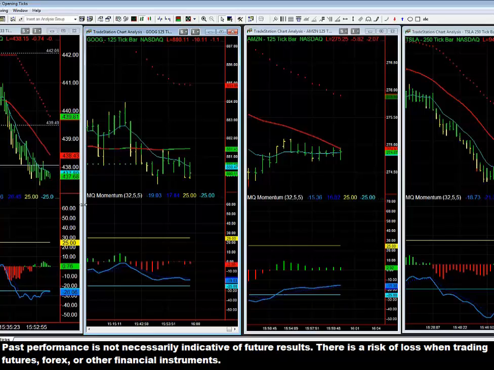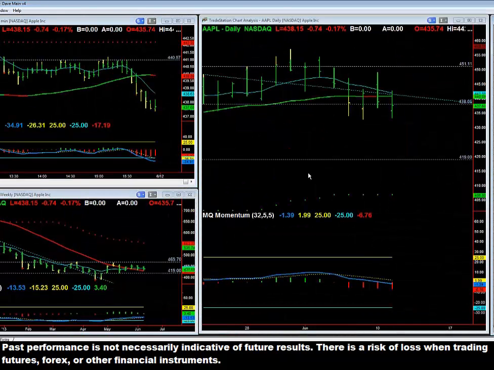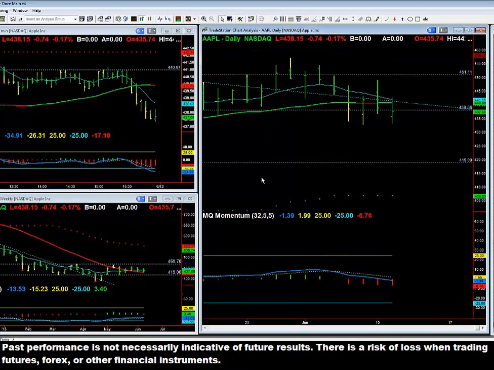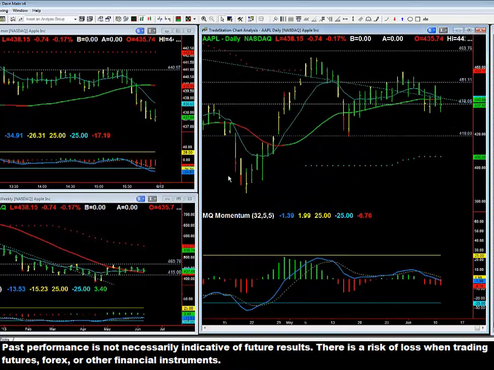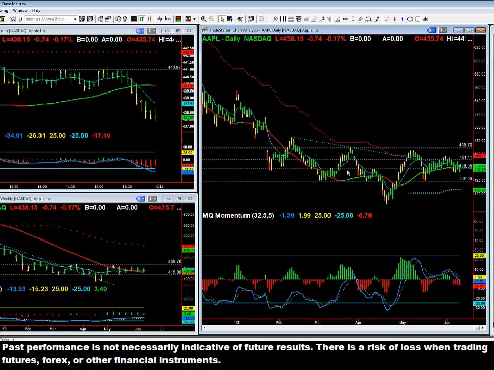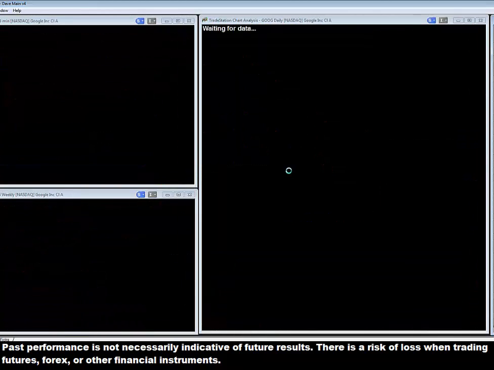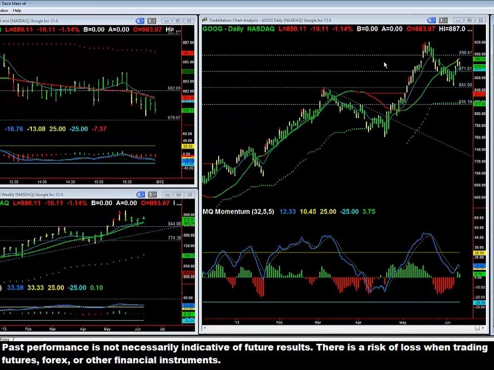Let me just show you, since it stopped its fall from here, it's been trading quite nicely. Google, this is what it looks like. It shot up and it's come back and it's moving up.